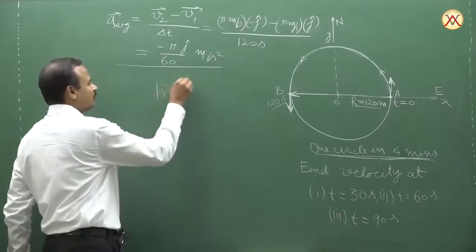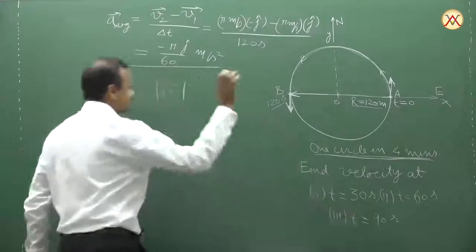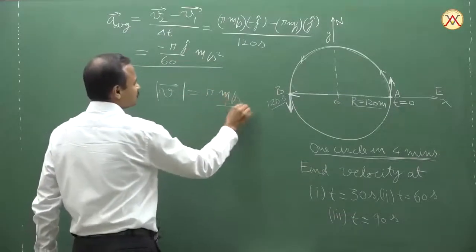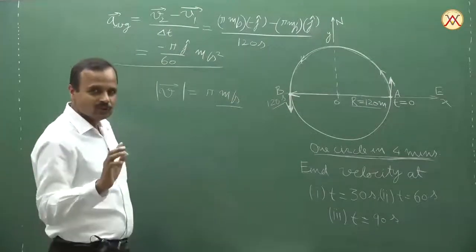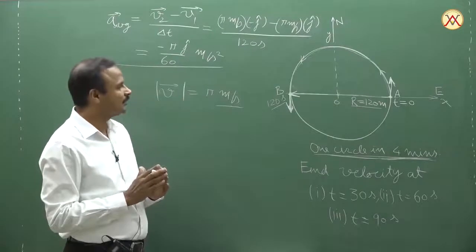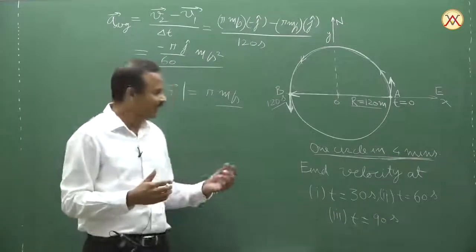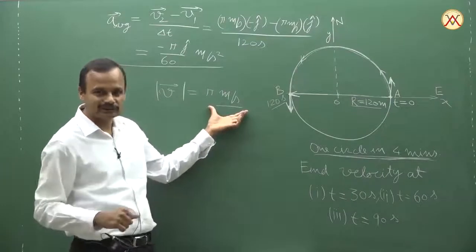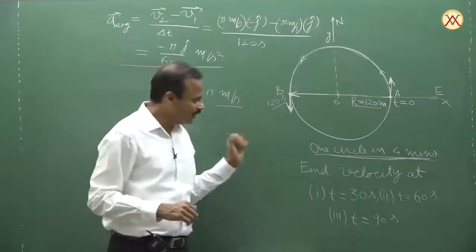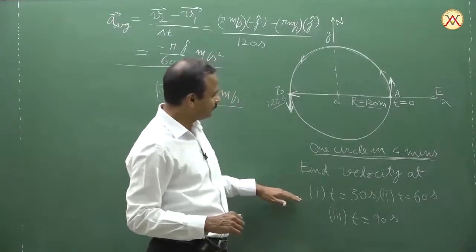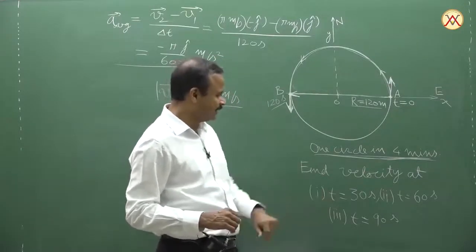So the magnitude of the velocity vector at all these instants is the same, pi meters per second. So we just have to find the direction, or you can say find the unit vector and attach it to this magnitude, and we will get the velocity vector. So in order to get the direction, we should first find the position of the particle at these moments.